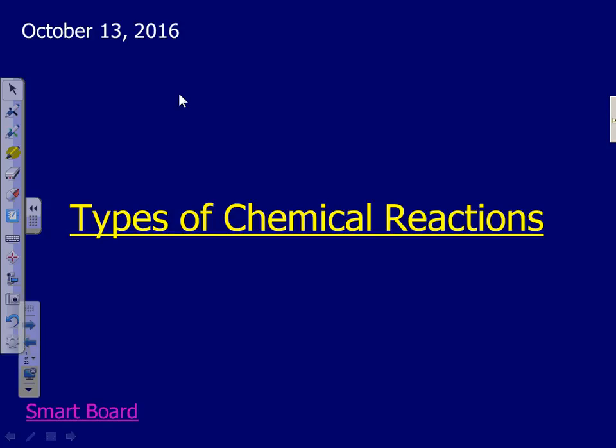Okay, so types of chemical reactions. What we've done up to this point in this last third of this chemistry unit is we've talked about chemical reactions. So we've talked about word equations where we have the reactants on the left and the products on the right.